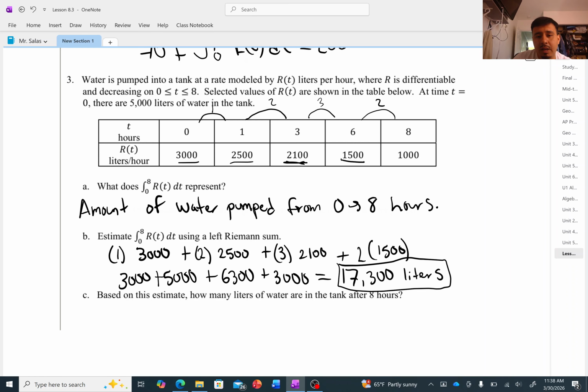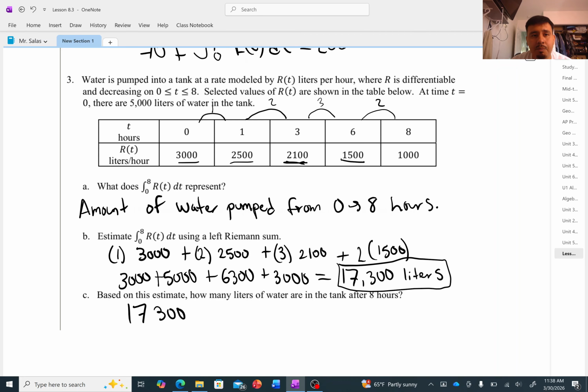Based on the estimate, how many liters of water are in the tank after 8 hours? So after the full 8 hours are taken into consideration, I want to look at everything as a whole. I have the 17,300 liters, and again, this was using my left Riemann sum method.